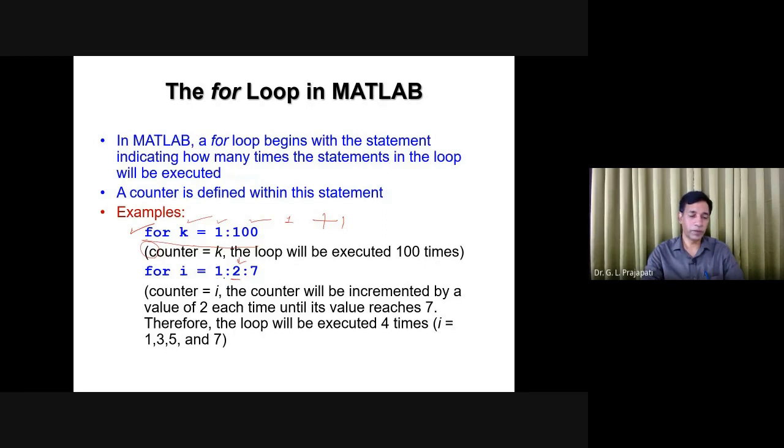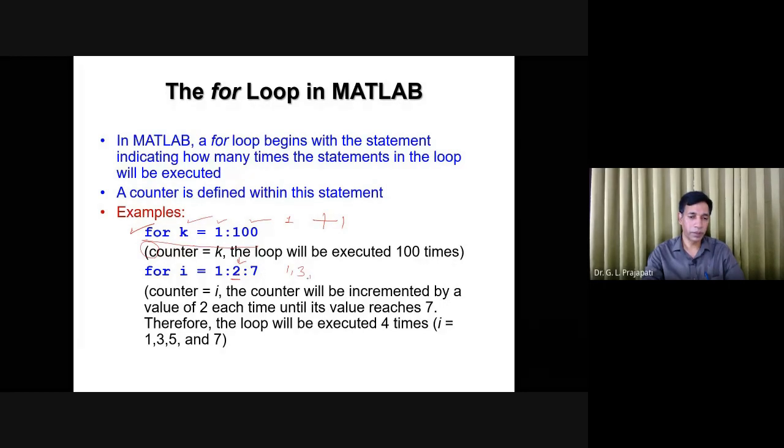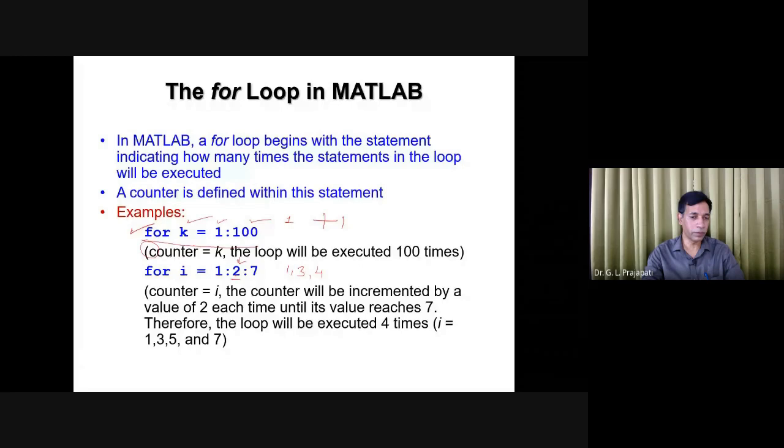So the first time i is 1, next time you are incrementing by 2, so it becomes 3, next time incrementing by 2 again, it becomes 5, and then 7, and once the value becomes more than 7, you are exiting from the loop.